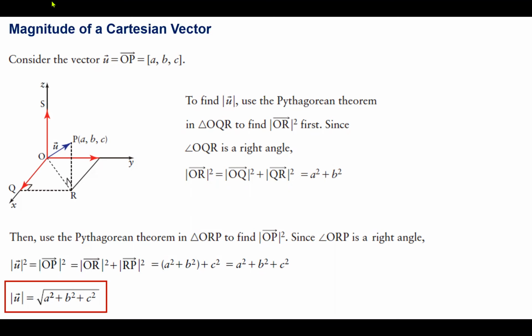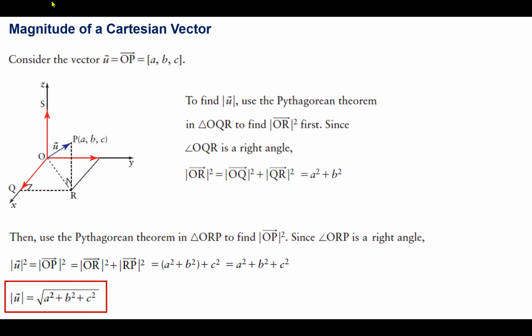Again, since angle ORP is a right angle, we have the following relationship. The magnitude of u squared equals magnitude of OP squared, which equals the magnitude of OR squared plus the magnitude of RP squared.